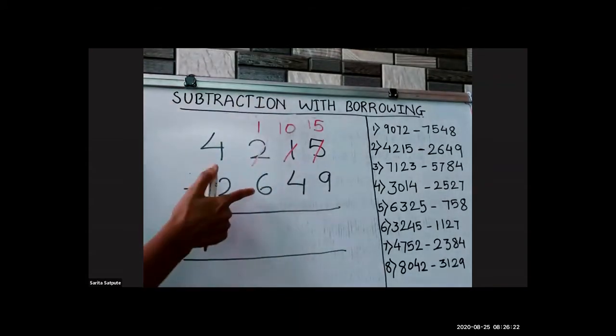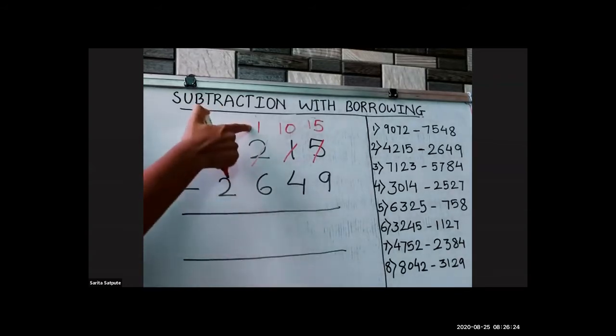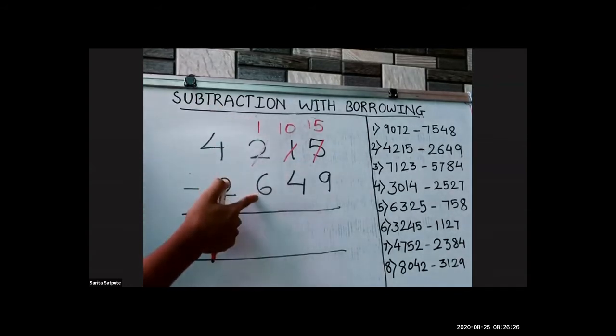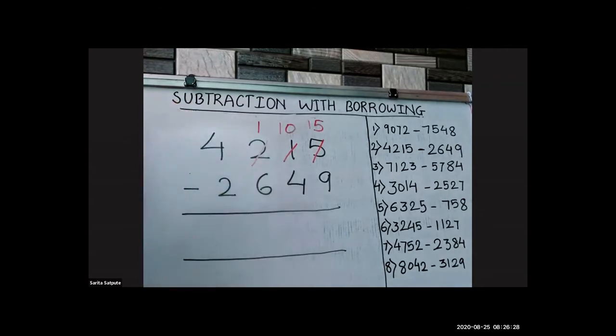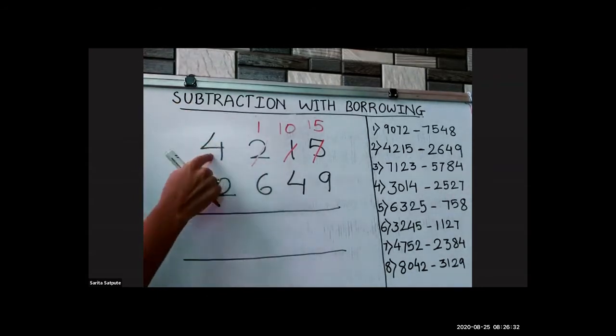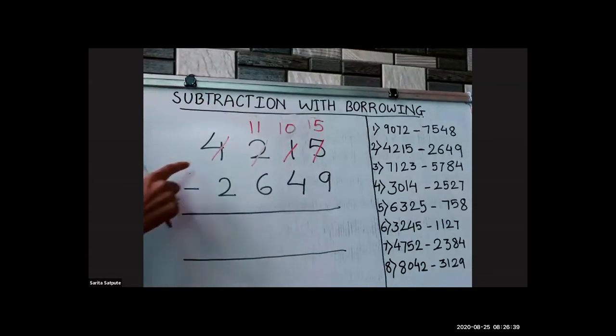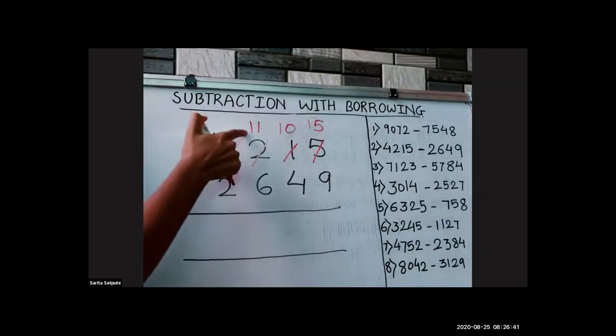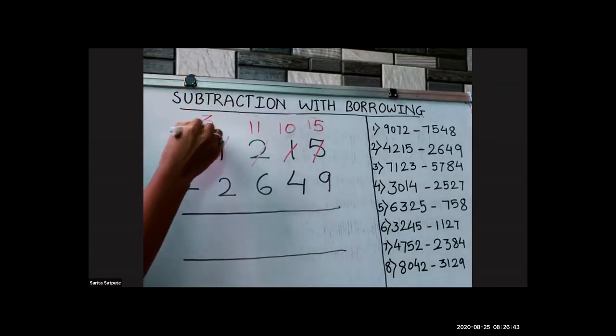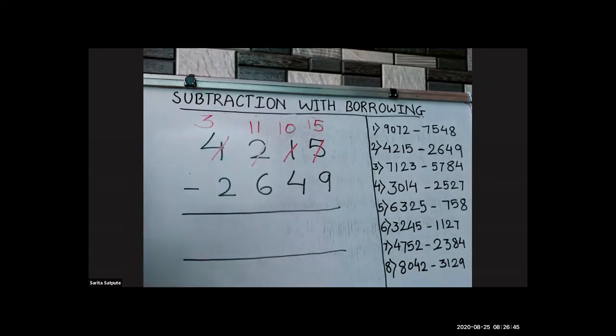Again same thing, you cannot subtract 6 from 1, I mean bigger number from smaller number. So again you have to borrow from 4. So 4 will give one number to 1 and it will become 11, and because 4 has given one number to 1, it will become 3. Now you can subtract it.